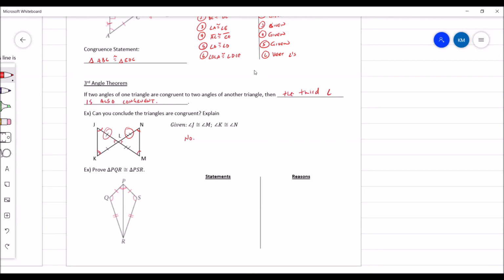All right, last problem here. I'm going to just give all the given statements at the beginning.